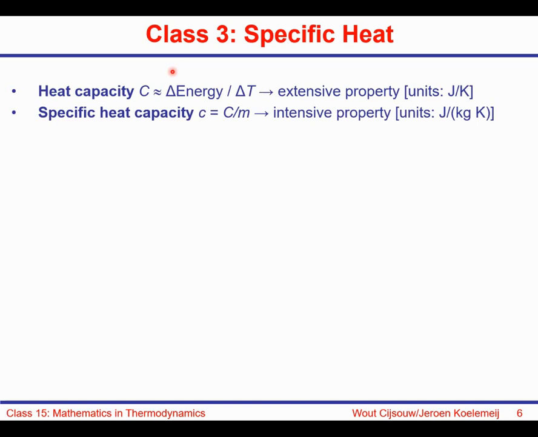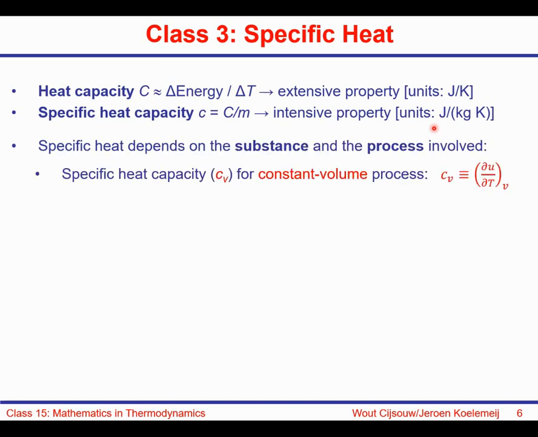Then, of course, you can also define a specific heat capacity, or sometimes just briefly specific heat, which is the intensive variety of the heat capacity, which has units of joule over kilogram times Kelvin. Now, specific heats depend, first of all, on the substance, the element that you are considering, but it also depends on the process that is involved here.